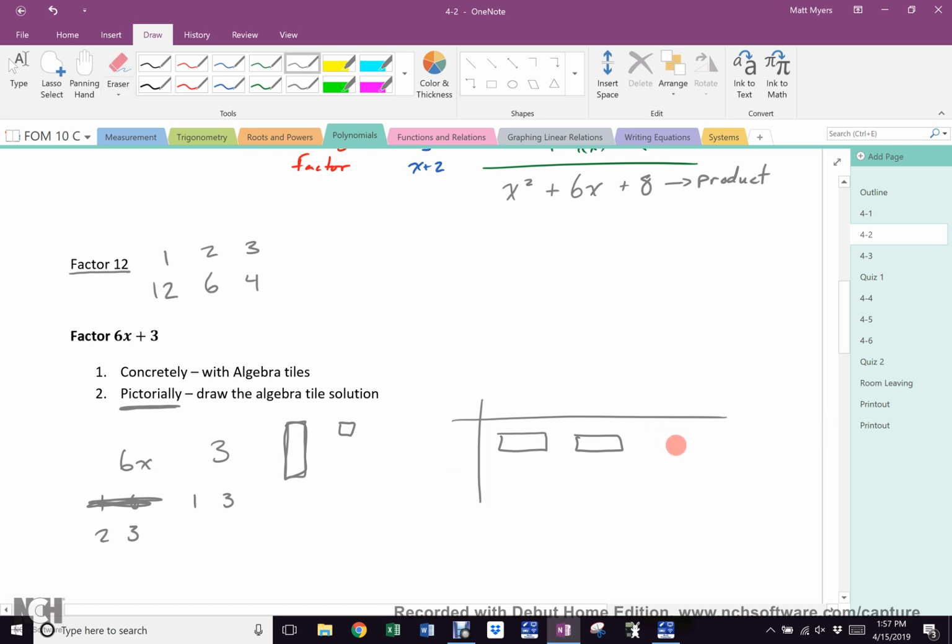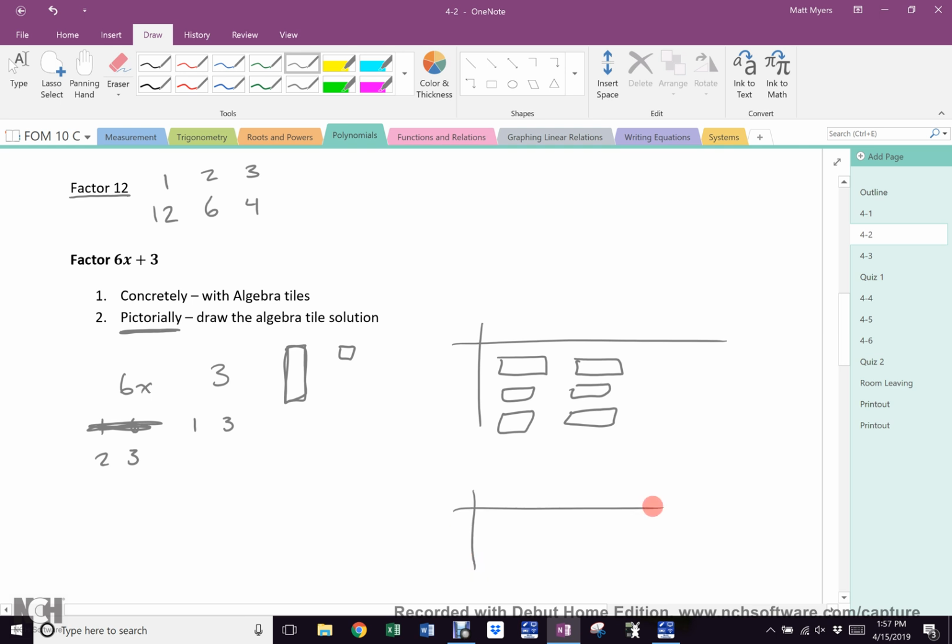Okay. So I have a choice of this or this, correct? Are both of those right for 6x? Yeah.